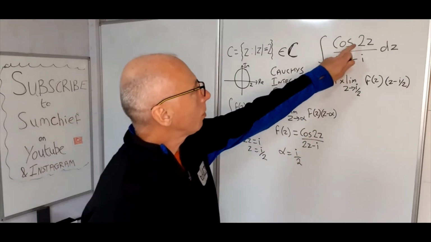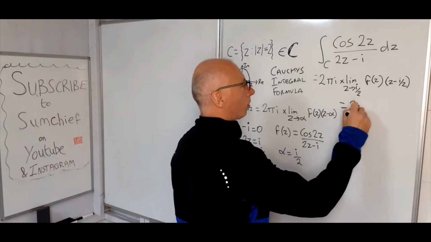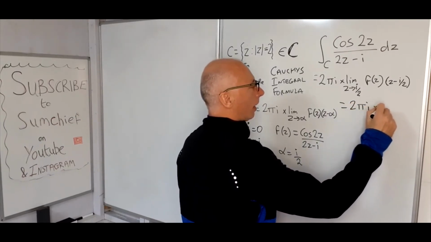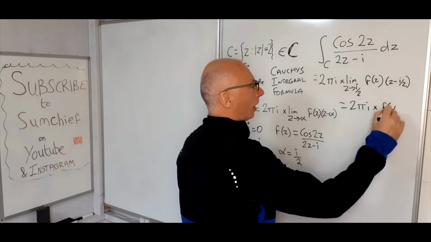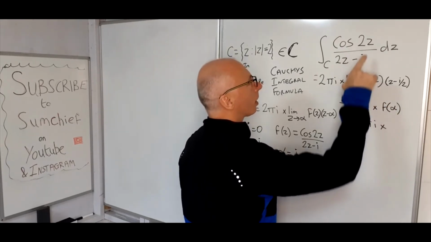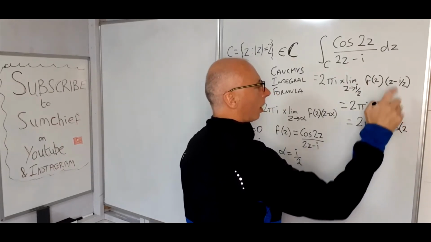Basically that means we're just going to be left with cosine of 2z. So this equals 2 pi i times f of alpha, which equals 2 pi i times cosine of 2 times i over 2.